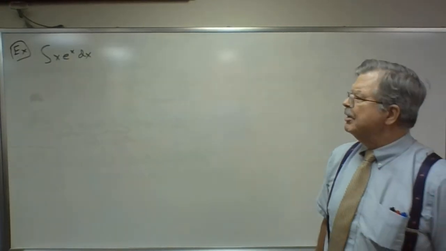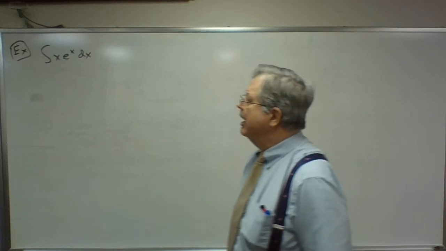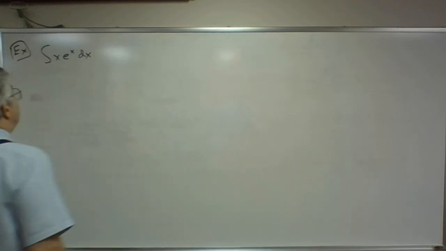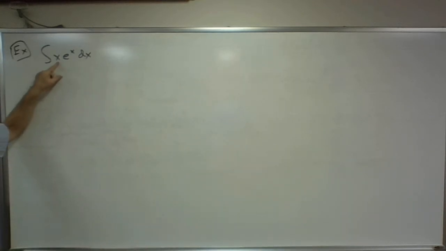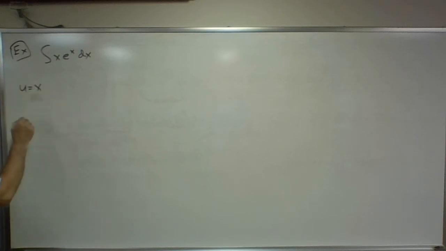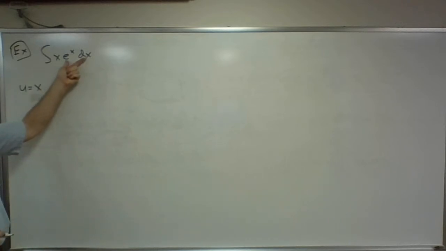Here's a good example. X is a function whose derivative is simpler than itself. The derivative of x is 1. So we're probably going to let u equal x. And e to the x dx, we know how to integrate that.